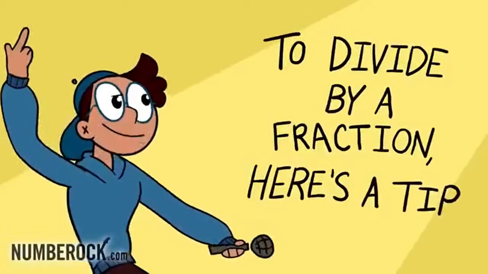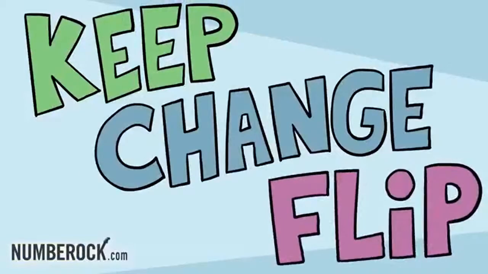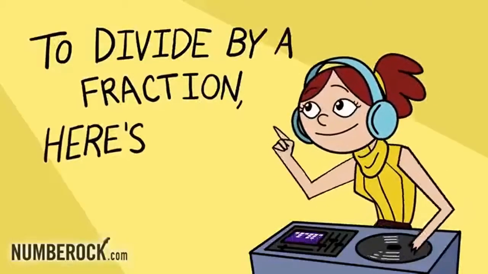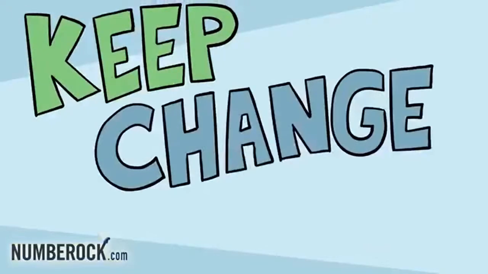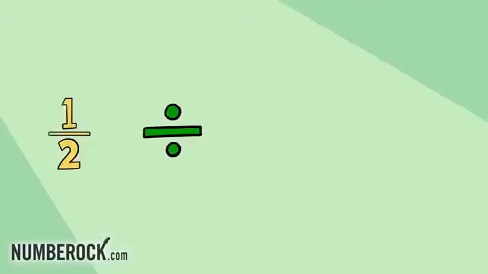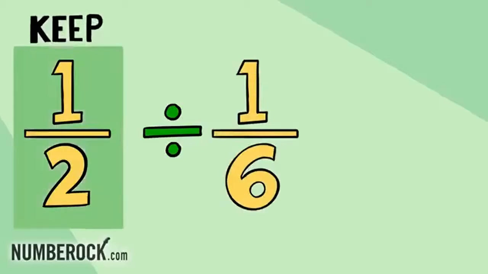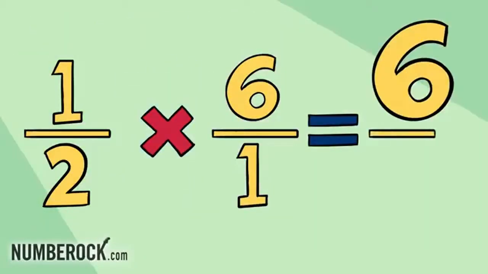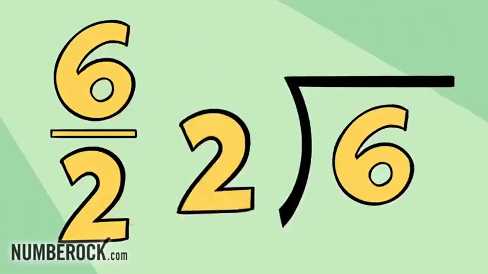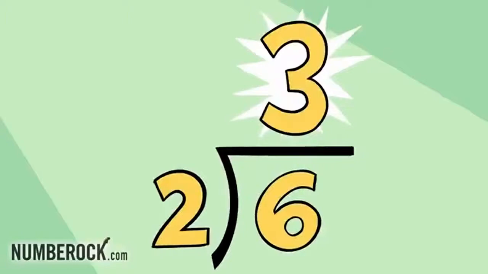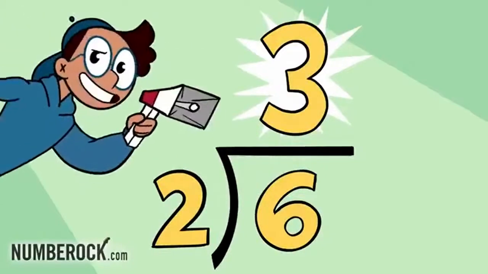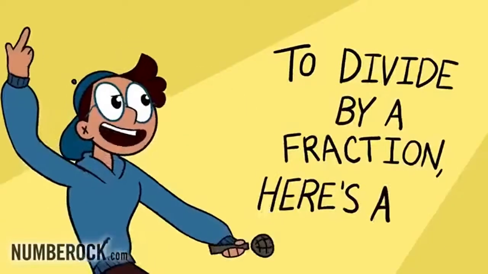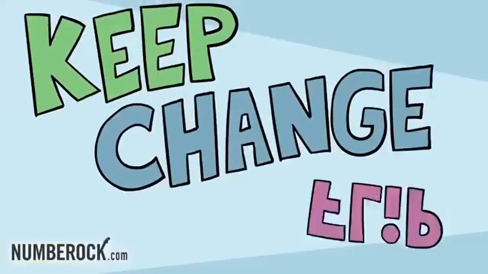Keep, change, flip. To divide by a fraction, here's a tip. Keep, change, flip. To divide 1/2 by 1/6, keep, change, flip. 1 times 6 is 6 and 2 times 1 is 2. It's an improper fraction, so we're not through. Divide 6 by 2 and the quotient is 3.